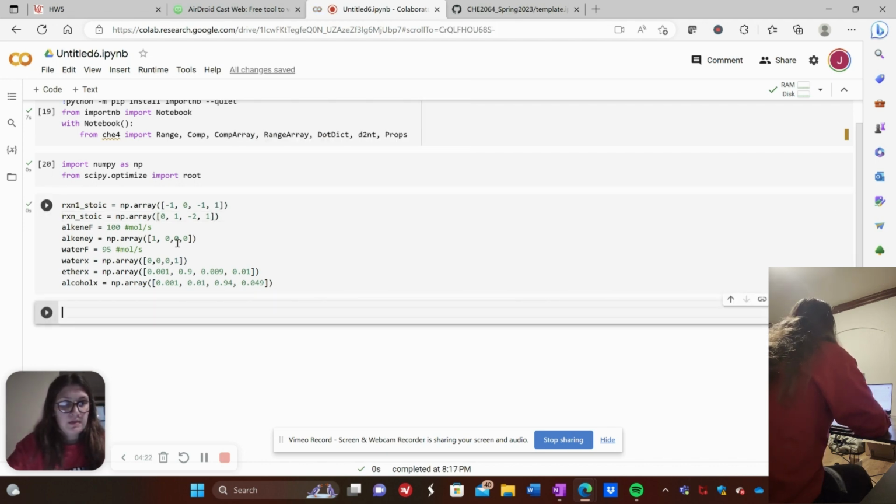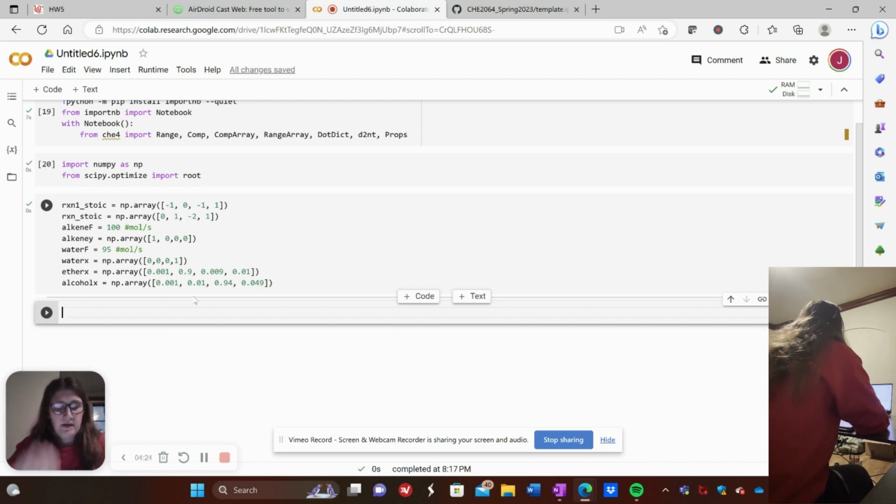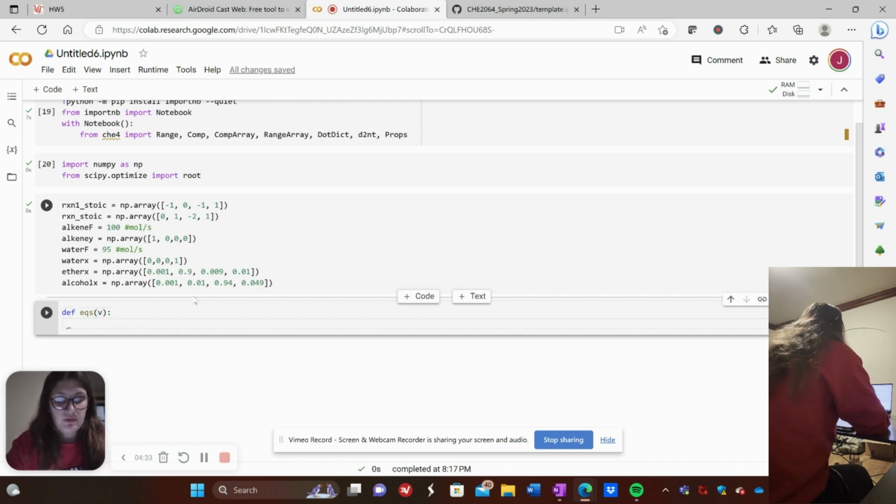So now we should be good to move on and define our function. This function is going to solve our equations. Our inputs are going to be the extent of reaction 1, extent of reaction 2, our ether product and our alcohol product.